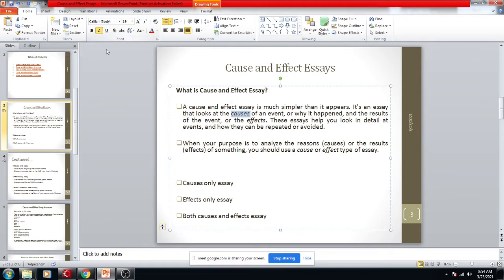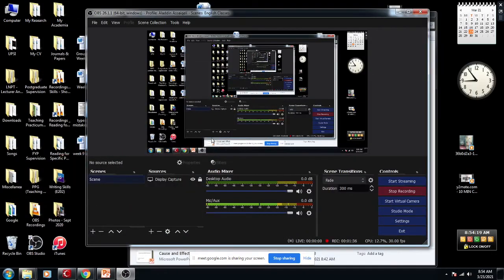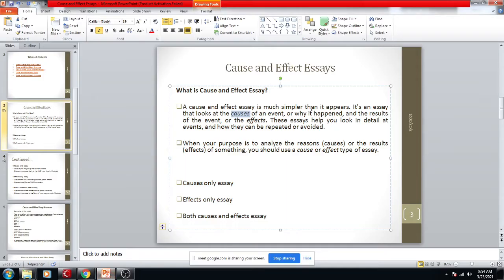So, these essays help you look in detail at events and how they can be repeated or avoided. So, if the effects are positive, repeat. If the effects are negative, avoid.